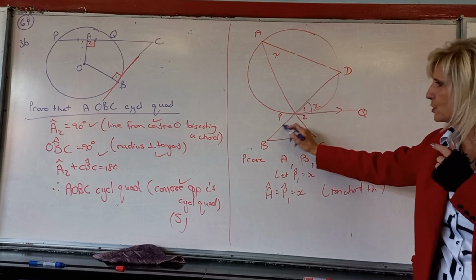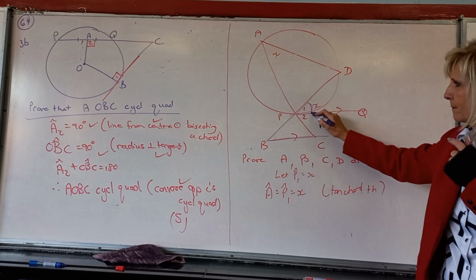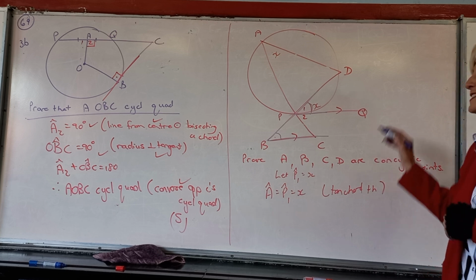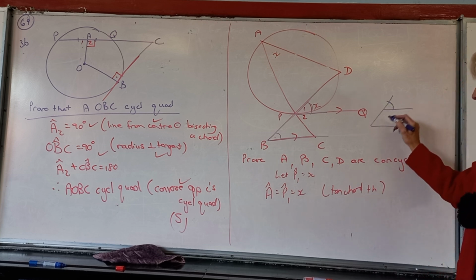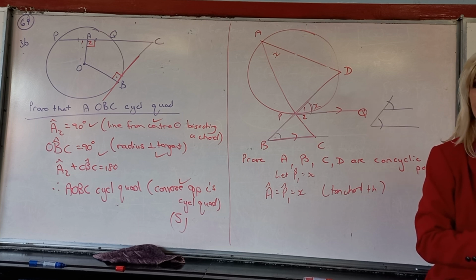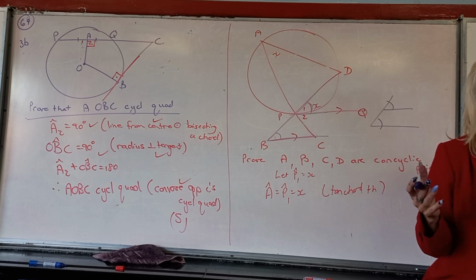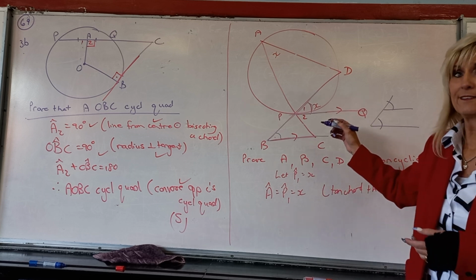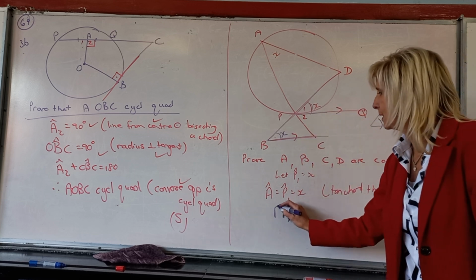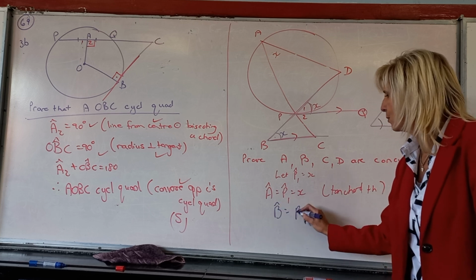See if you see what I want you to see. Do you see what I want you to see? Yes. Corresponding angles. Do you see it now? Yes. Okay, X, also X. So B is also equal to P1.